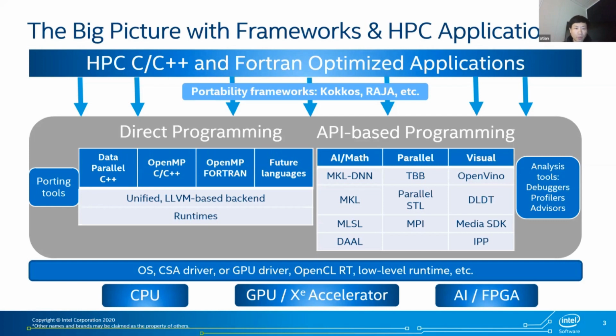Overall, we are trying to build a unified software stack, providing an easy and more effective way for users developing HPC or AI applications to target the CPU, GPU, Xe accelerator, and FPGA devices provided by Intel. So this is the really high-level landscape of the Intel software toolchain and how it can be leveraged by HPC applications and frameworks.